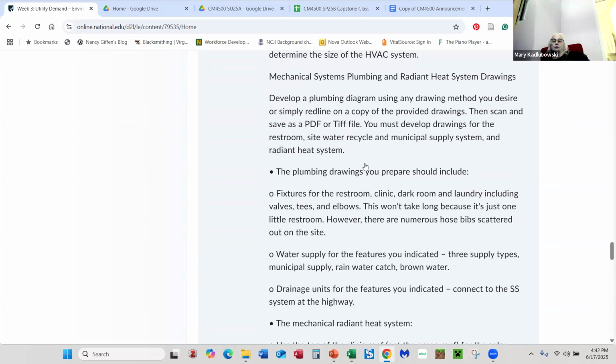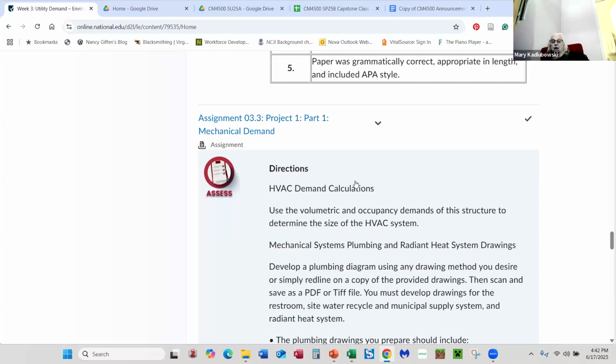Okay, so the other thing, the demand calculations: you need the volume of the space. You need to know the air changes required. So let's say you get a 10 by 10 by 10 room, which would be 1,000 cubic feet, right? If you need 2 air changes per hour, you need to run 2,000 cubic feet per hour.